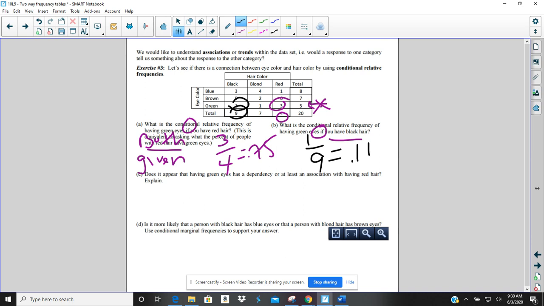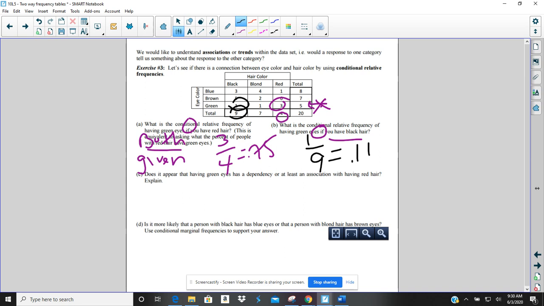Does it appear that having green eyes has a dependency or at least an association with having red hair? Explain. So here's how it is in statistics. If you have data that is not equal, there is probably a dependency.